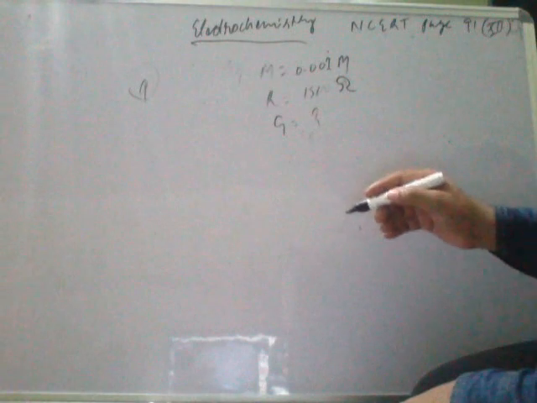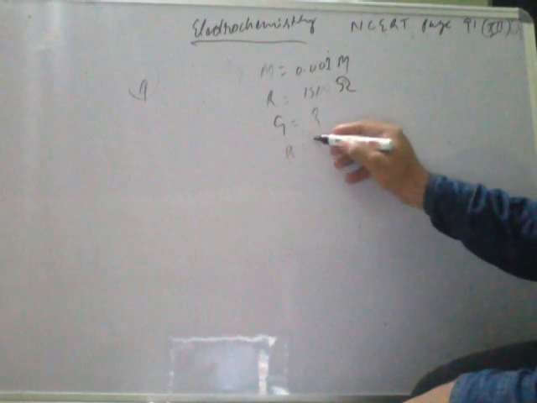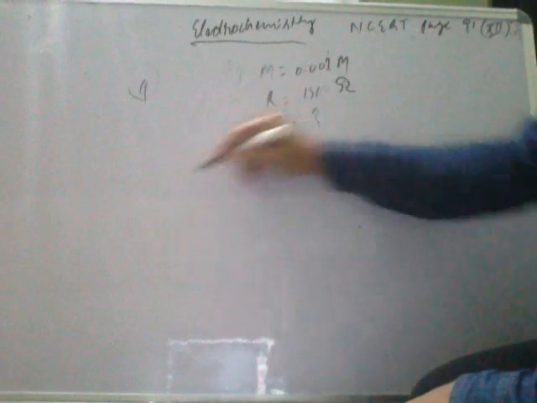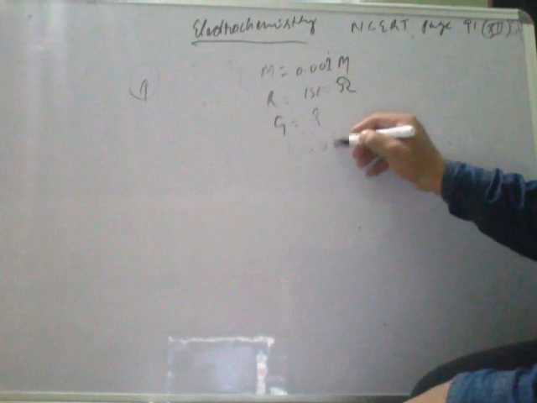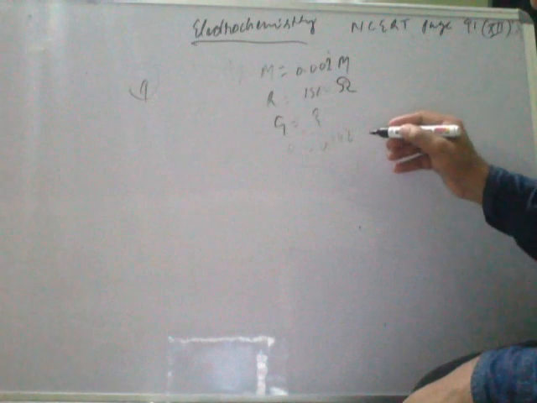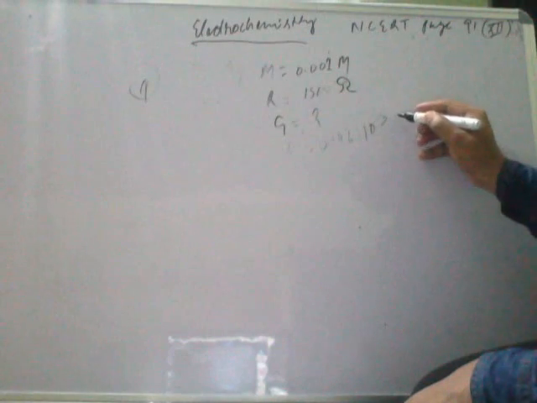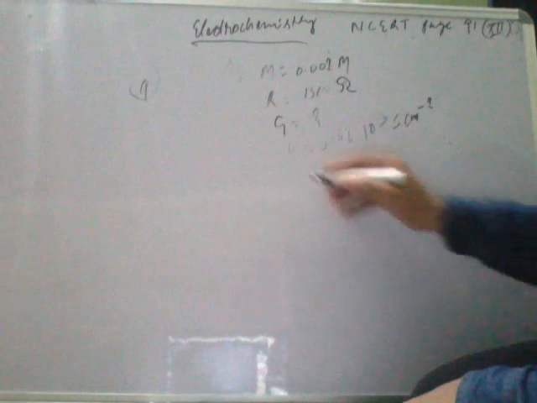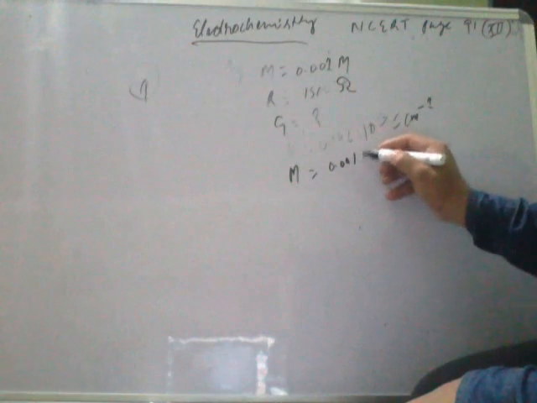If the conductivity of the 0.001 molar solution is 0.146 multiplied by 10 to the power minus 3 Siemens per centimeter, and the concentration is already given as 0.001 molar.